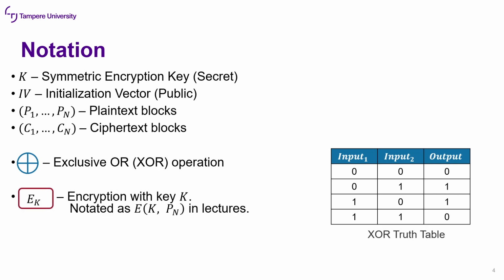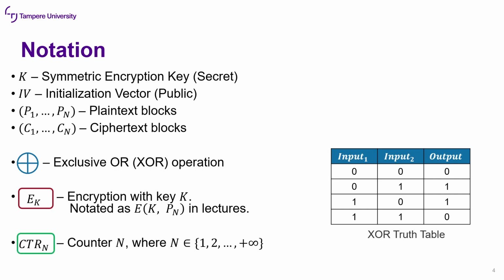Then, to denote encryption, we use this notation of EK, where simply it's some sort of encryption with the key K. In other lectures, you may see this notated as E with the key K for some sort of plaintext Pn.